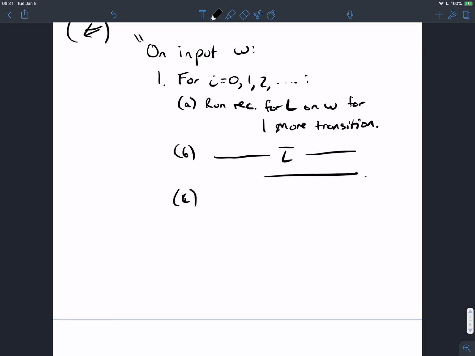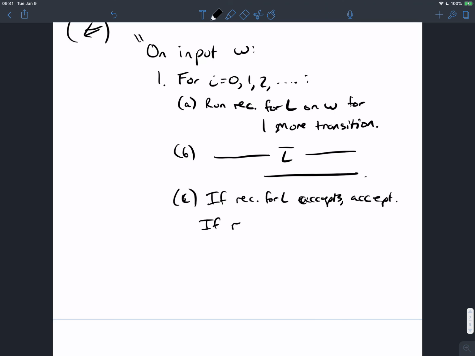Yeah, it must be in L. We want a decider for L. So we should say accept. So if the recognizer for L accepts, then we accept.